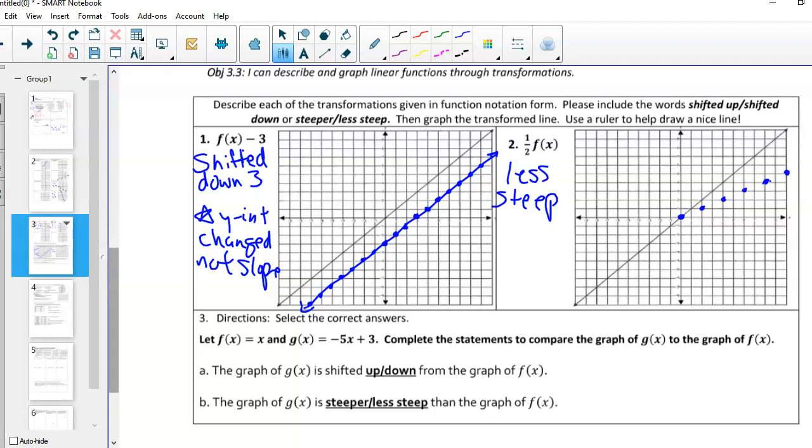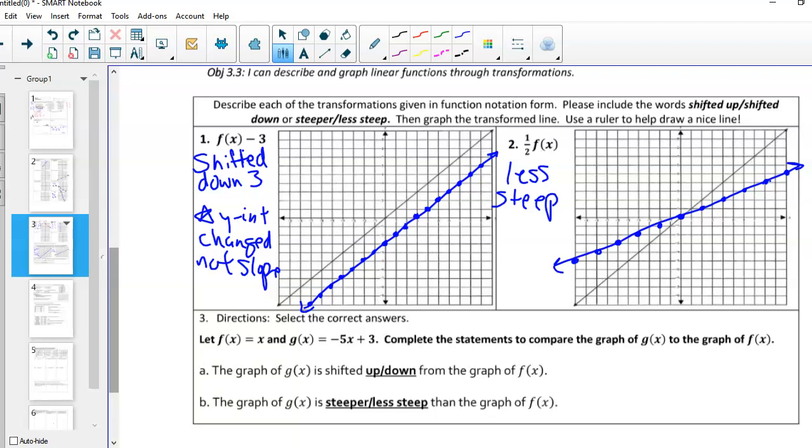And down 1, left 2, instead of down 1, left 1. And I think that's how you got the graph.